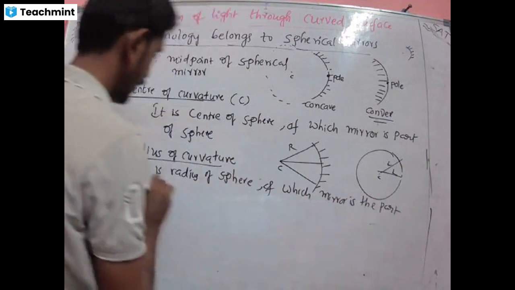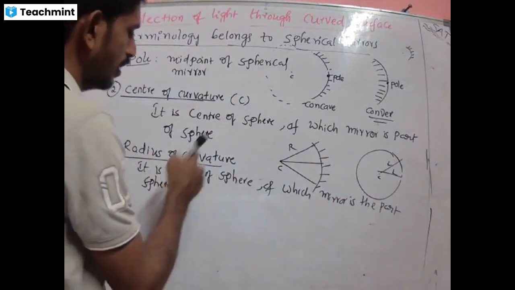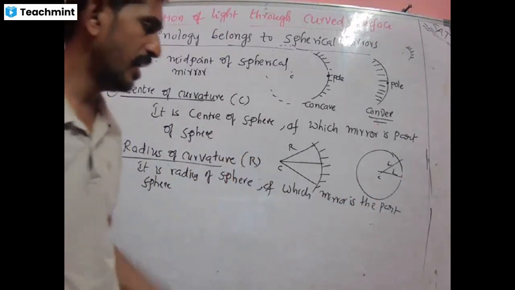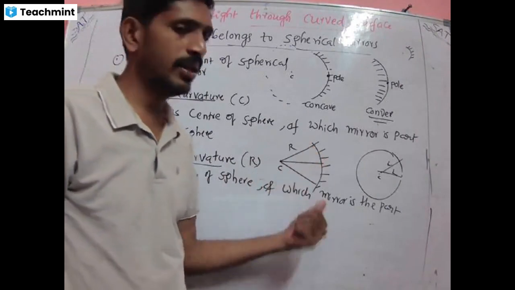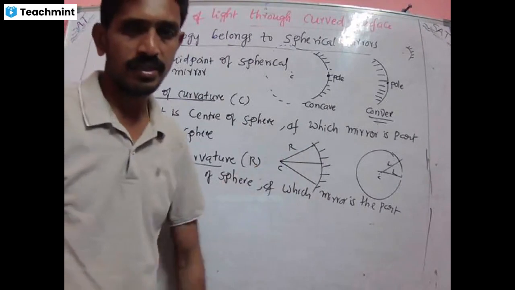This is the radius of curvature, represented by capital R. Simply, it is the distance between the center of curvature and any point on the spherical mirror.